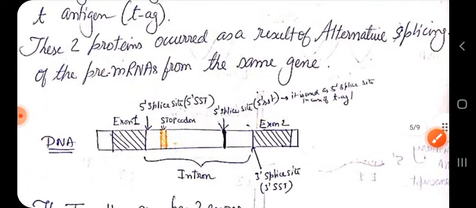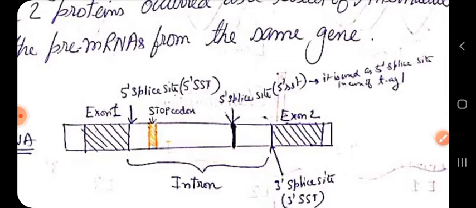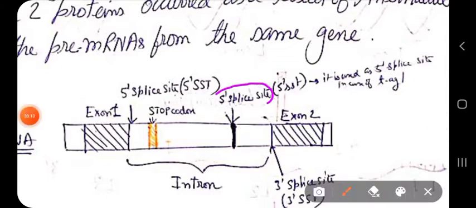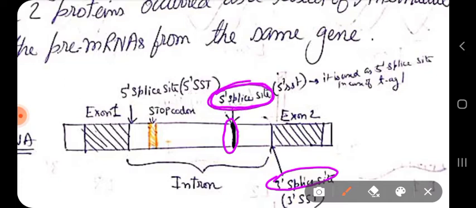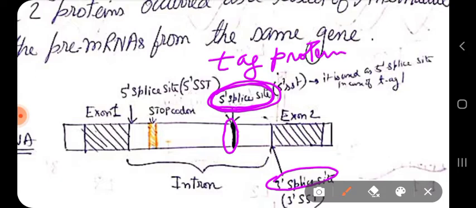If you see the picture carefully, as I mistakenly said before, you can see a 5' splice site, and an alternative 5' splice site is also present close to the 3' splice site. This 5' splice site will be used to make the small T antigen protein from the mRNA.